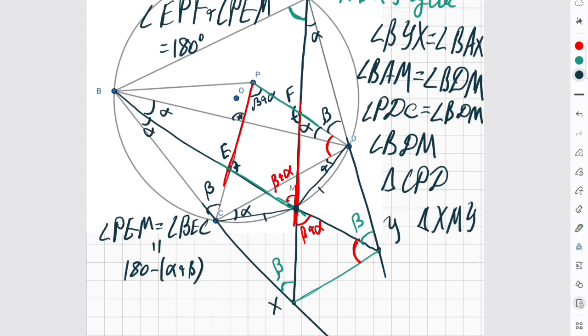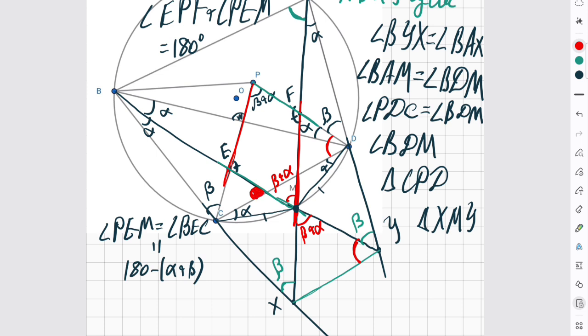Let's carefully analyze this part. We know that the lines containing EM and PD are parallel. That is why angle PDC here will be equal to this angle here. I'm showing it with red color.